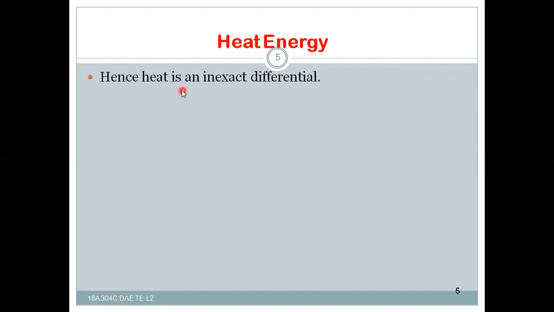Hence heat is an inexact differential, whereas a property is an exact differential, as heat is not a property of the system and it is a path function. That's why it is an inexact differential.